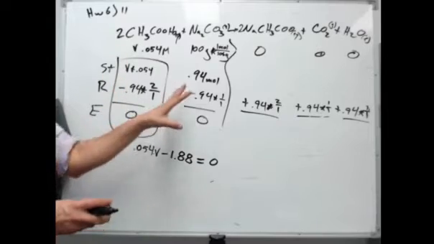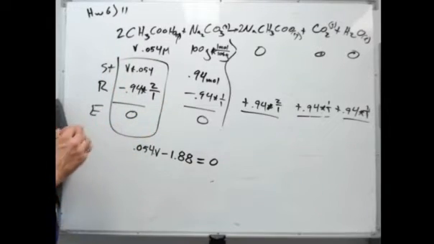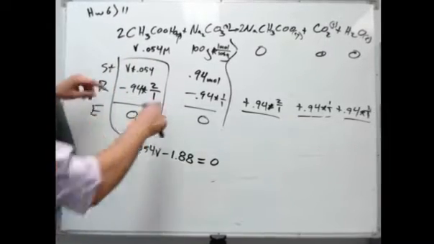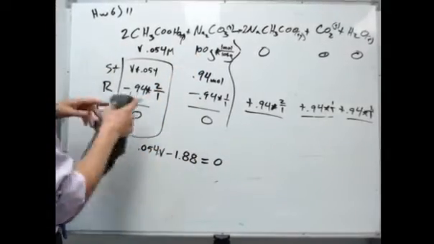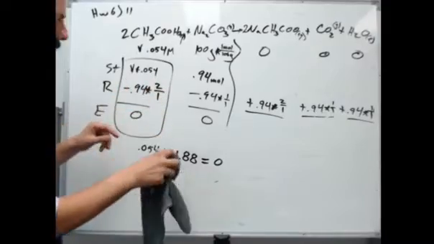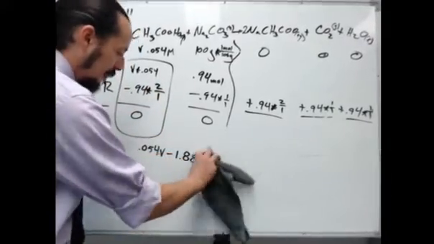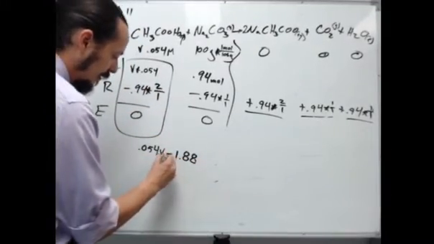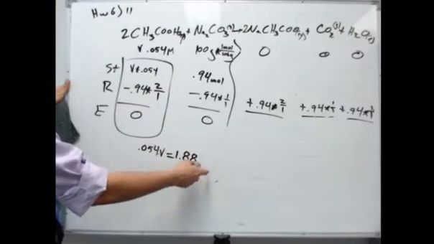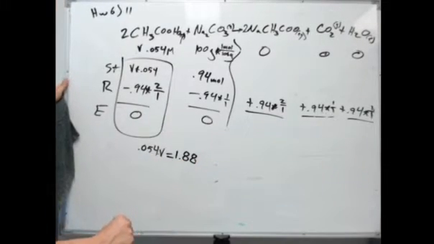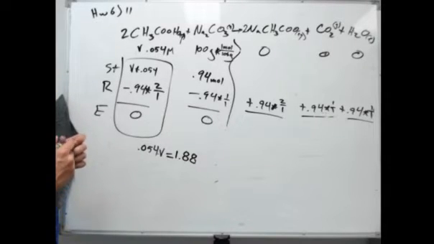The other way, we could have done this without doing the whole table, because essentially that statement tells us this amount of moles has to equal this amount of moles, and you notice with the mole ratio in there. So when I subtract over, I've got this amount of moles equal to this amount of moles, plus the mole ratio. That'll give me my volume.